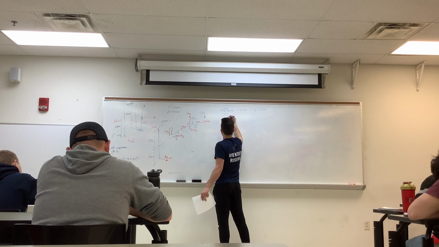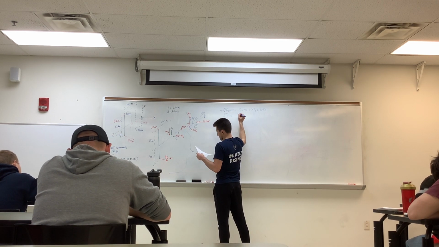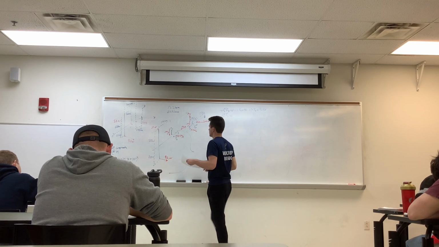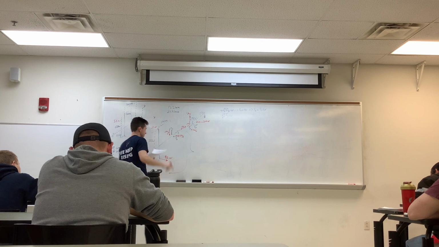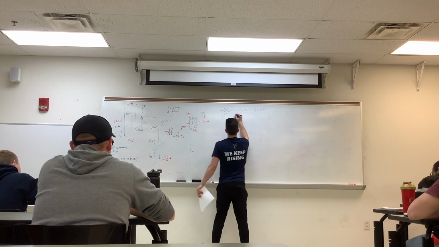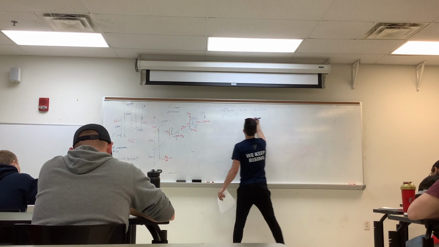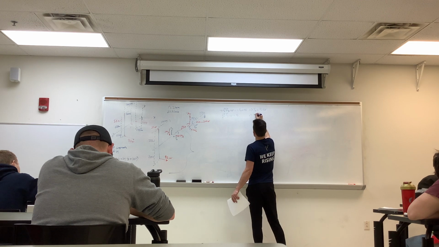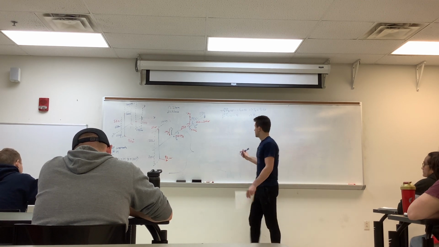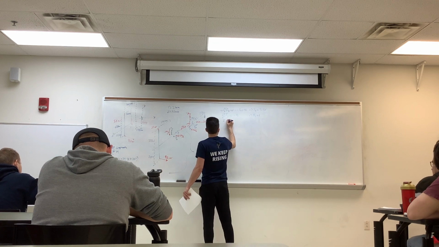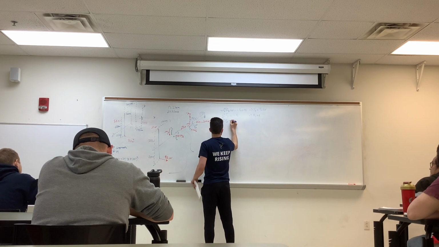Sum of forces in the y is equal to 0. I'm going to have downward as positive. We only have our force in the y direction here, so we only have Fy, giving us Fy is equal to 0. And then lastly, sum of forces in the z is equal to 0.